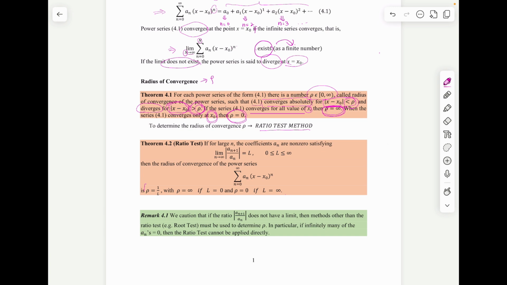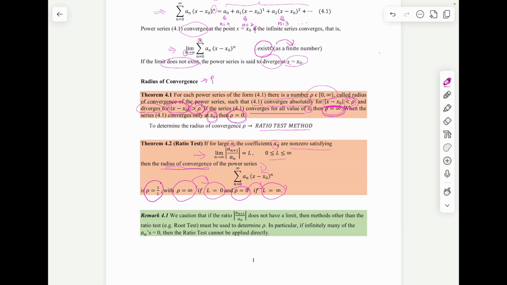If for large n the coefficients a_n are non-zero, satisfying this limit, where we take the limit as n goes to infinity of the absolute value of a_(n+1) divided by a_n equals L, with L from 0 to infinity, then the radius of convergence rho of the power series is rho equals 1 over L. Rho equals infinity if L equals 0, and rho equals 0 if L equals infinity.